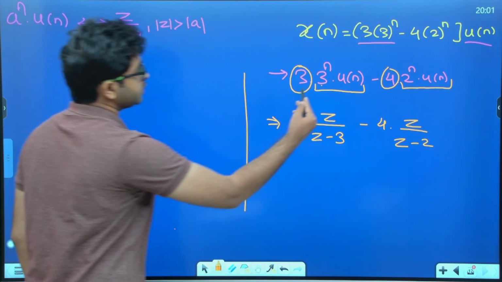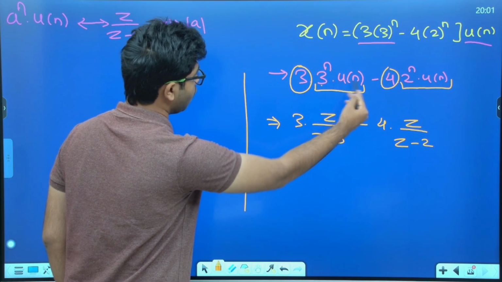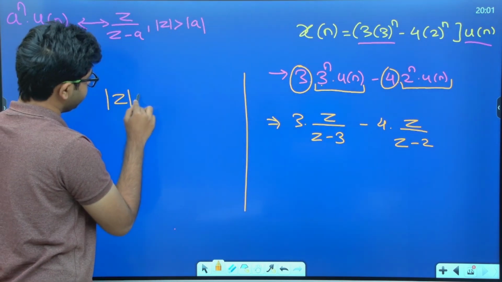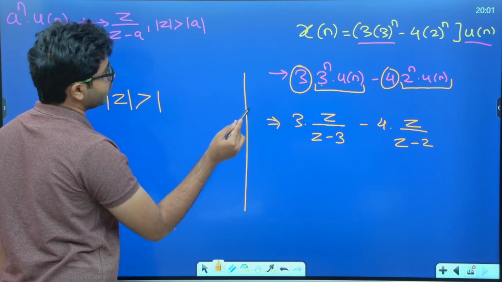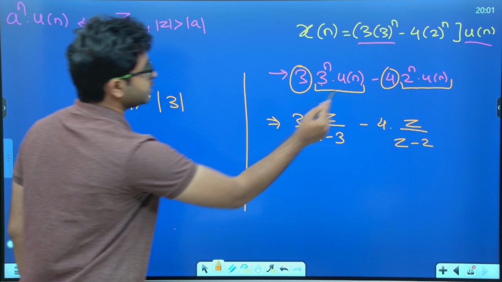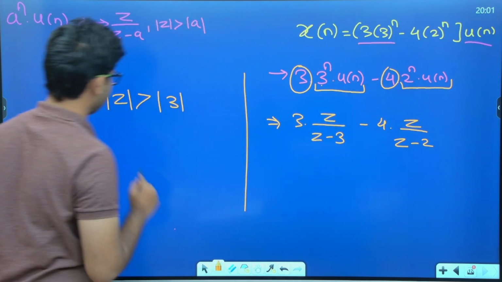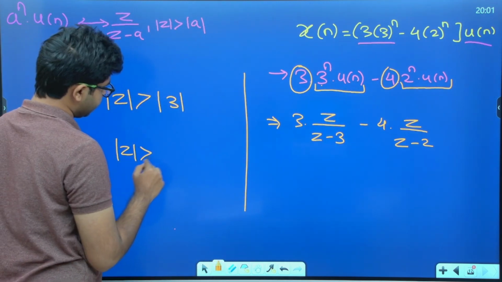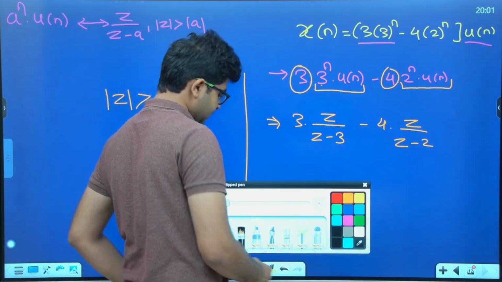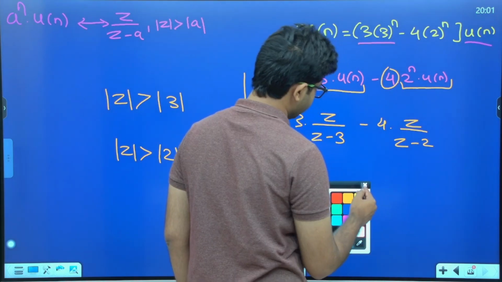So for 3 to the power n u of n, the ROC is Z greater than a, and a is 3. And for the second part, 2 to the power n, Z is greater than 2. Okay, let's solve this completely and then we will again discuss the ROC.